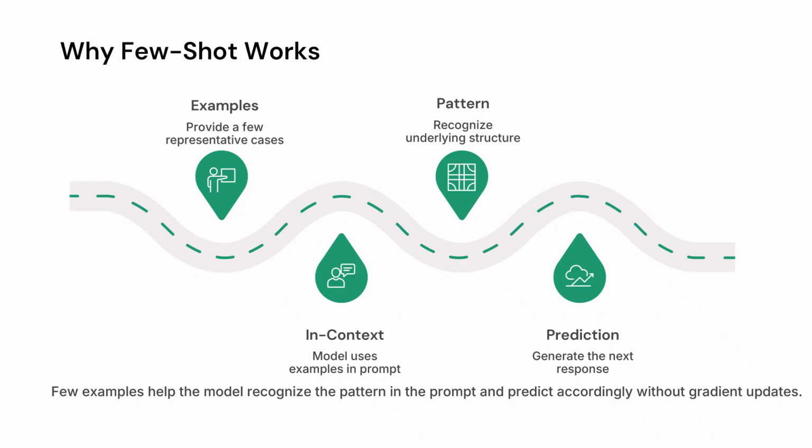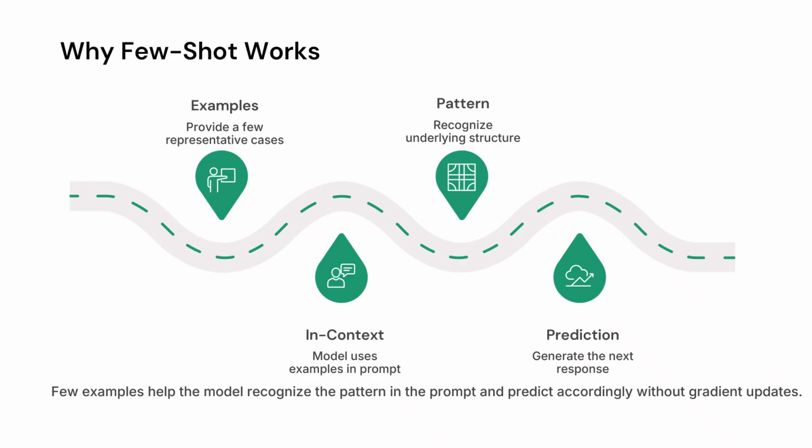So the question is why few-shot prompting works pretty well. Because it has a lot of examples, it understands what the output actually looks like and how it needs to output. It also gets in-context learning, as it's able to understand the context which is set by the examples. Thirdly, pattern. From the outputs it has seen in the examples, it's able to understand the underlying structure and pattern and answer likewise.